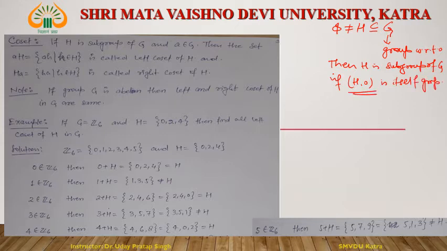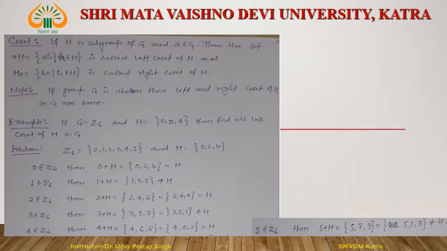If this is a group, then this is known as a subgroup of G. Now, using the concept of subgroup, we will discuss what is a coset.